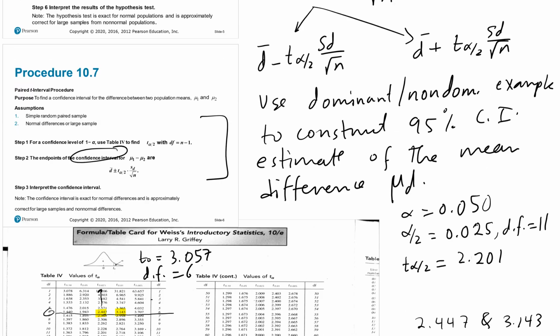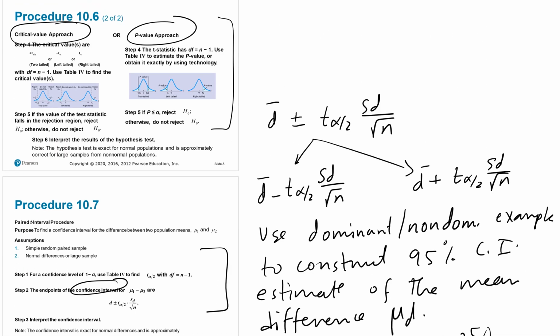And then we can go back here and substitute the values. D bar, we found it as negative 0.0132, plus or minus 2.201 times s sub d, which we had as 0.0164, over the square root of the sample size, 12.